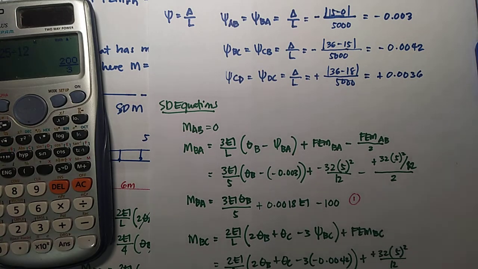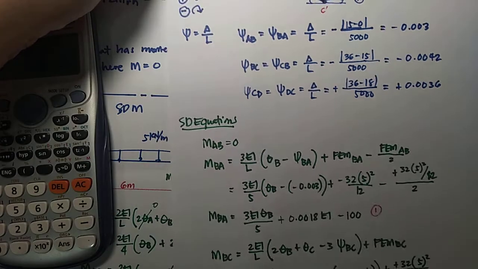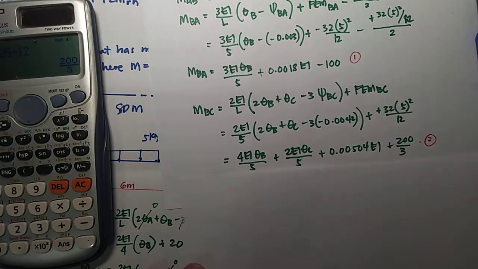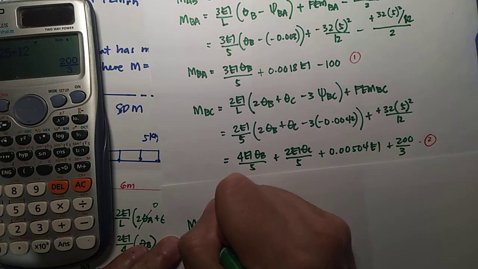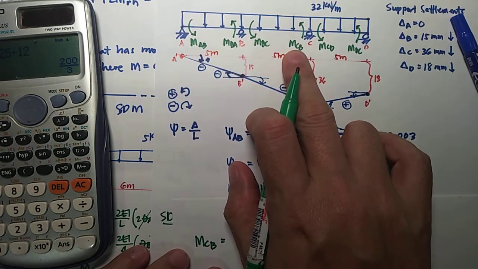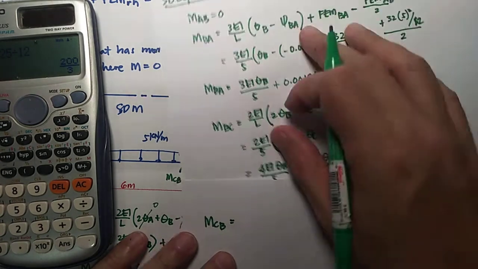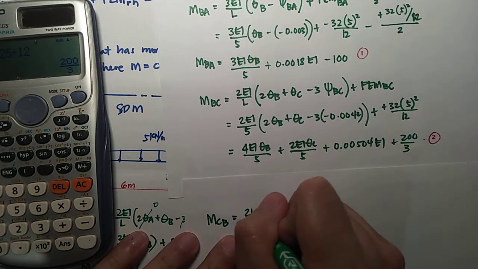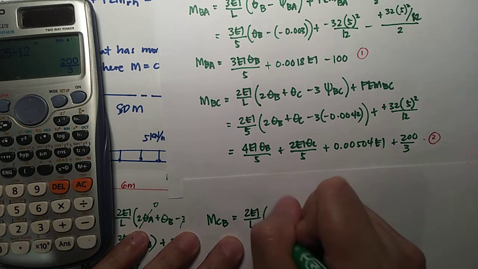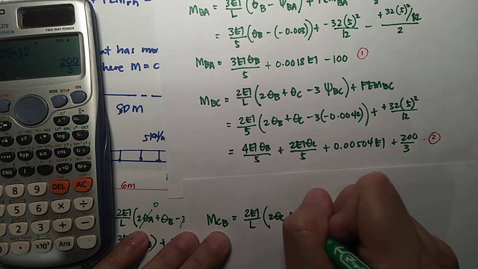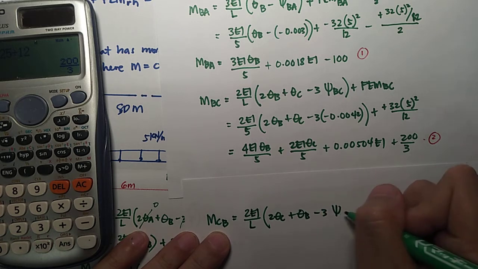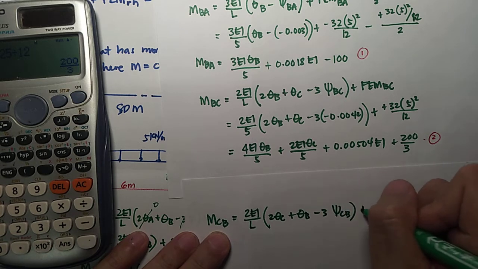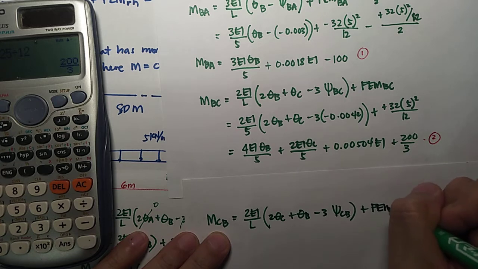Now, next. How about moment sa CB? Moment naman tayo sa CB. Dito tayo, CB. Okay, moment sa CB is, again, 2EI over L, dalawang theta C, isang theta B, minus tatlong psi sa CB, plus the fixed end moment sa CB.